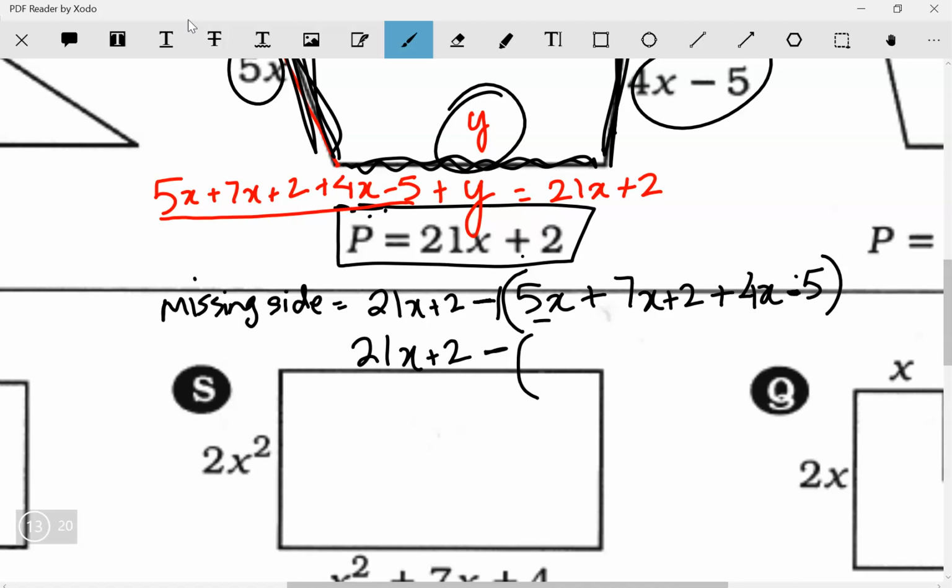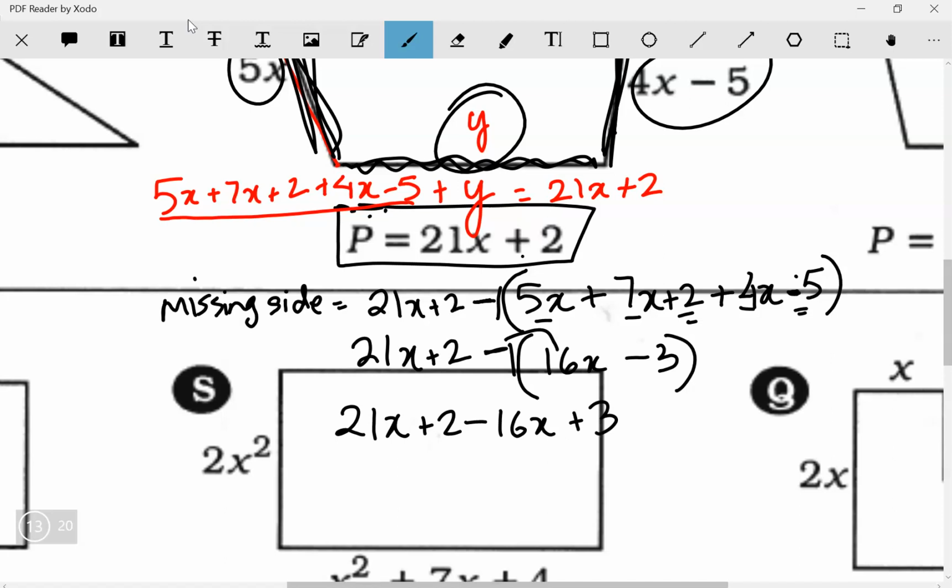We see here that we have 5x plus 7x plus 4x. I'm going to combine those to make 16x. And then I have plus 2 minus 5, which gives me -3. Why am I doing this beforehand? Because now I have only two terms to apply the -1 to. So this is 21x plus 2 minus 16x plus 3.